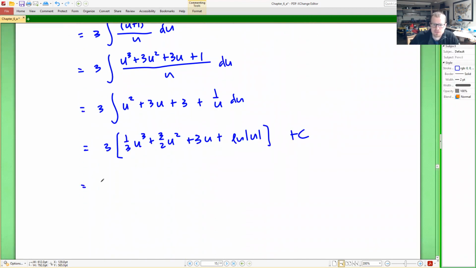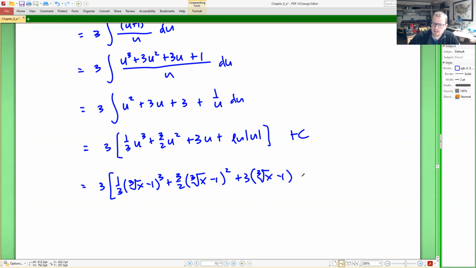So this is equal to 3 times 1/3 of the cube root of x minus 1 cubed plus 3/2 cube root of x minus 1 squared plus 3 times the cube root of x minus 1 plus the natural log of the absolute value of the cube root of x minus 1 plus c. And that's it. Sweet. That's not so bad.